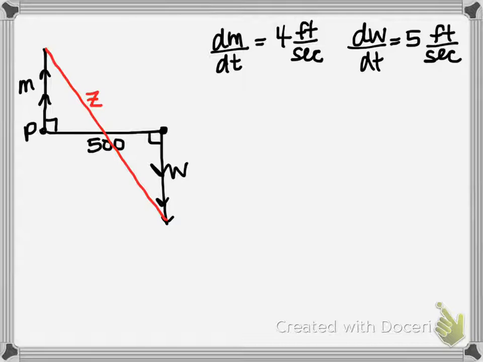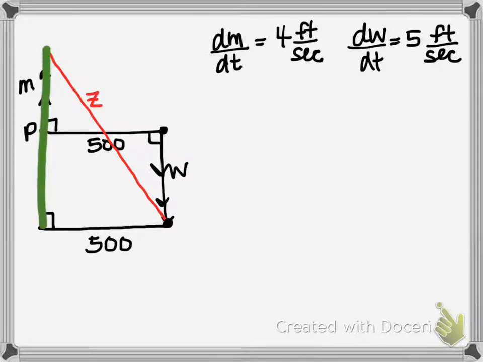So notice, if I drop down a little bit and look at where the woman ends, if I were to draw that horizontal distance in, this would also be a distance of 500. So if I were to come straight down from point P and create a right angle here, then I've essentially created a larger right triangle, and the base of this right triangle is 500, and the hypotenuse of this triangle is that value of z.